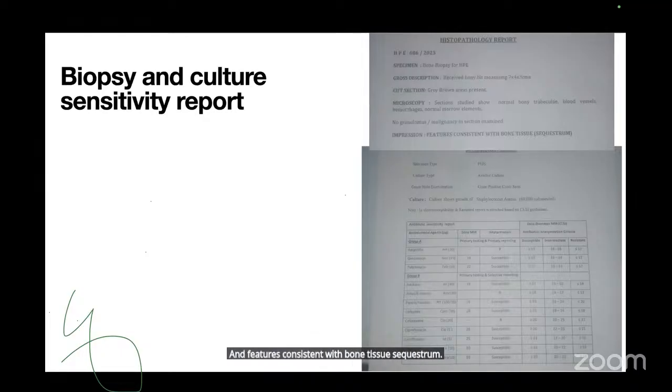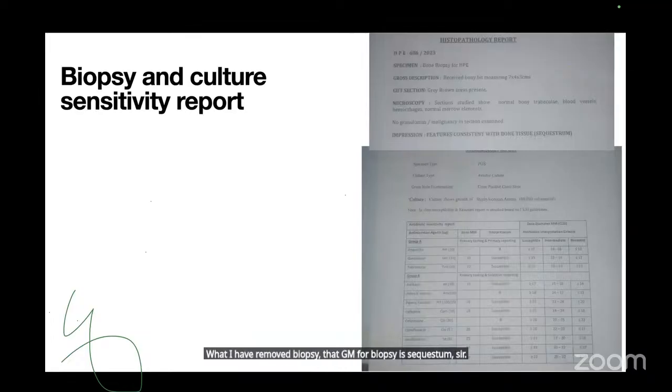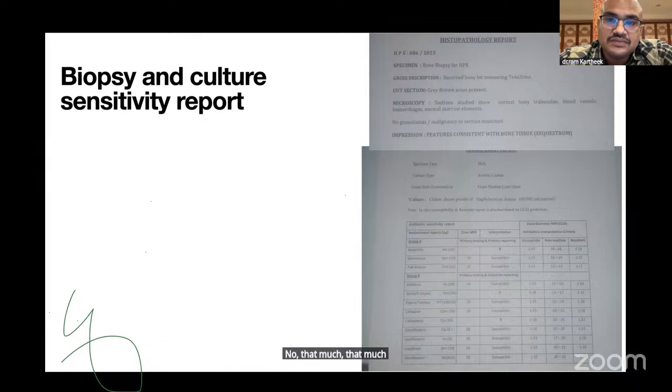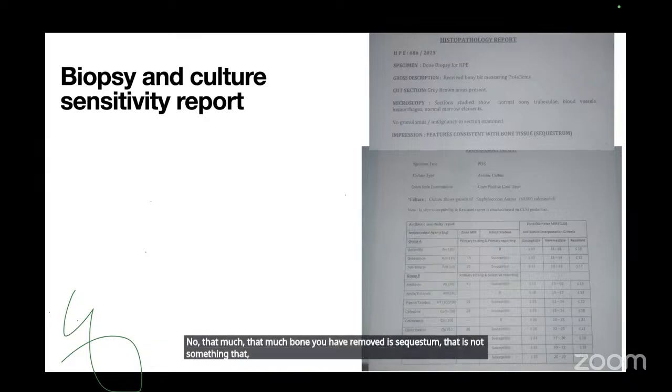What you have removed is not sequestrum, no? What I have given for biopsy is sequestrum, sir. That is the histopath report I have given. That much bone you have removed is sequestrum? That is not something that I will agree with.